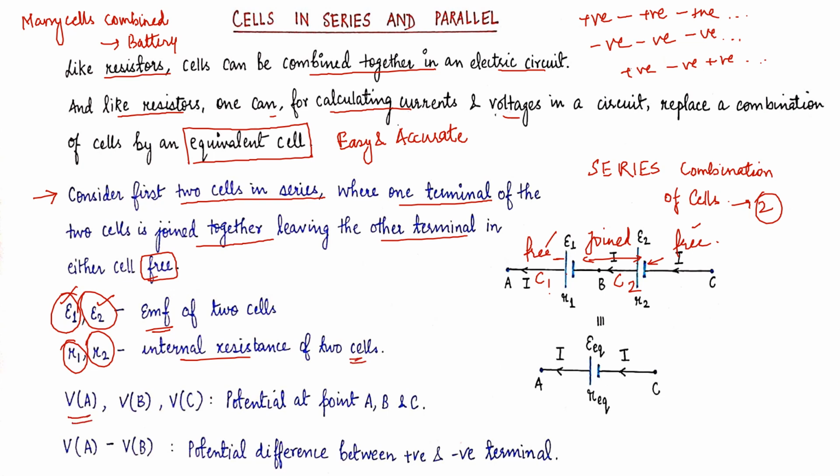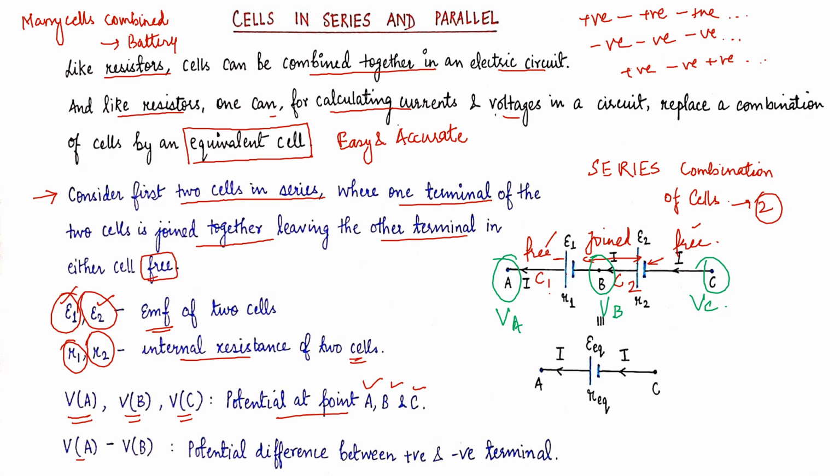Now V of A, V of B and V of C are the potentials at points A, B and C. Point A is this, point B is in between the two cells and point C is the free end of cell 2. So at these points we have potentials VA, VB and VC.